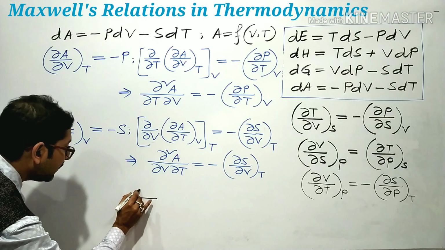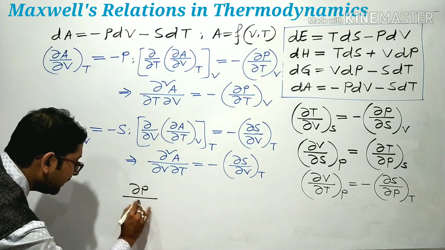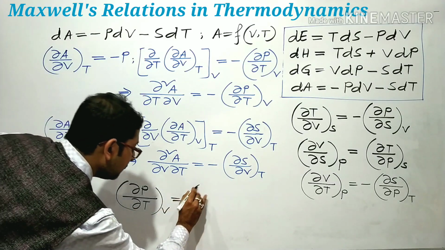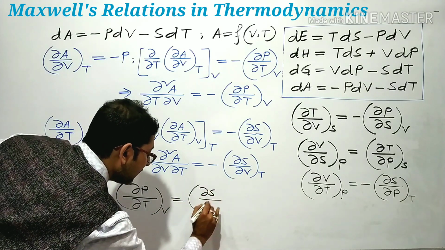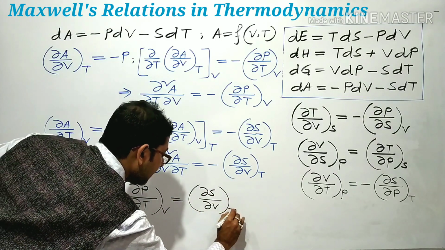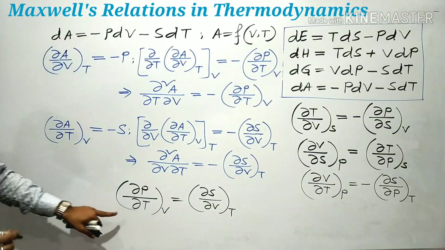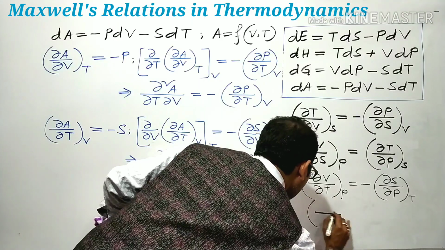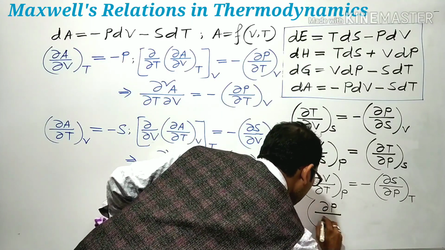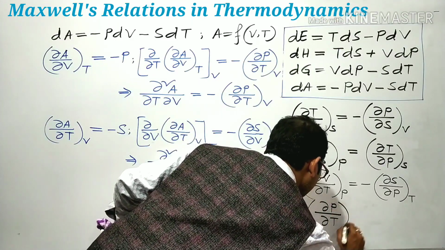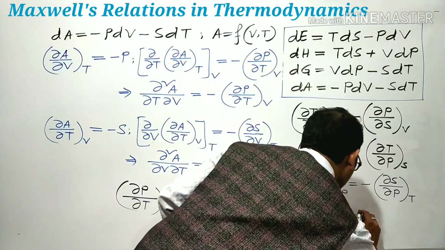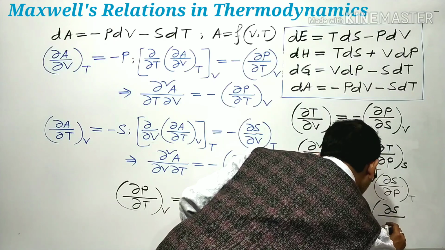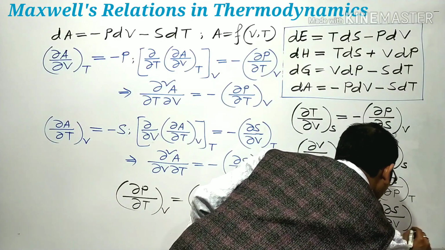We have the relation (∂P/∂T) at constant V will be equal to (∂S/∂V) at constant T. So this is our fourth Maxwell relation. (∂P/∂T) at constant V equals (∂S/∂V) at constant T.